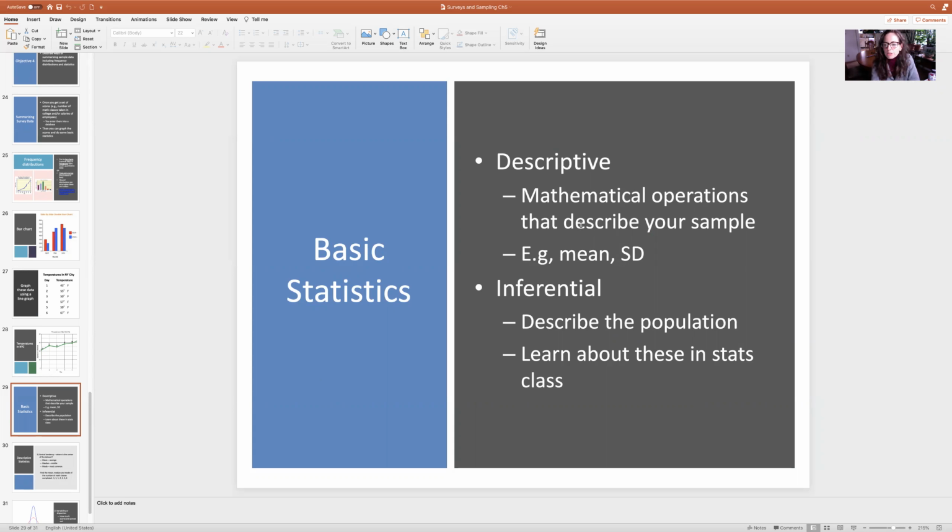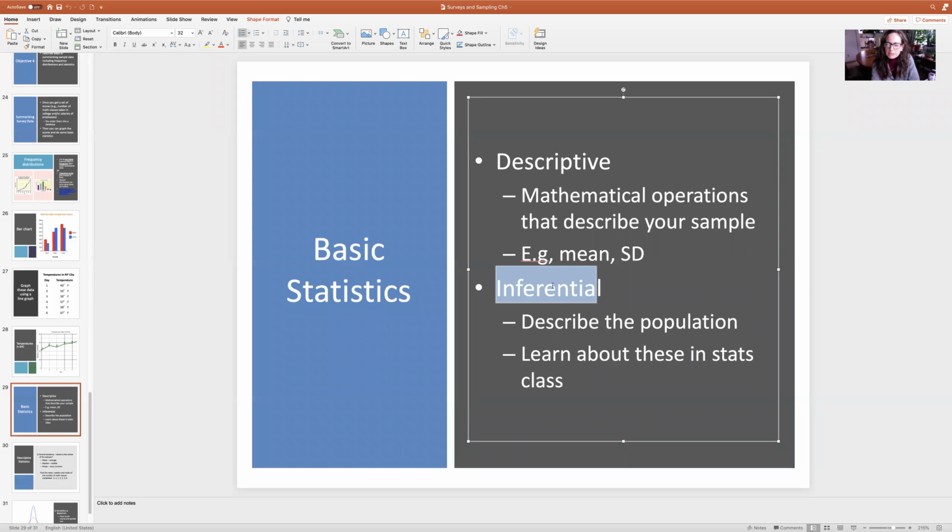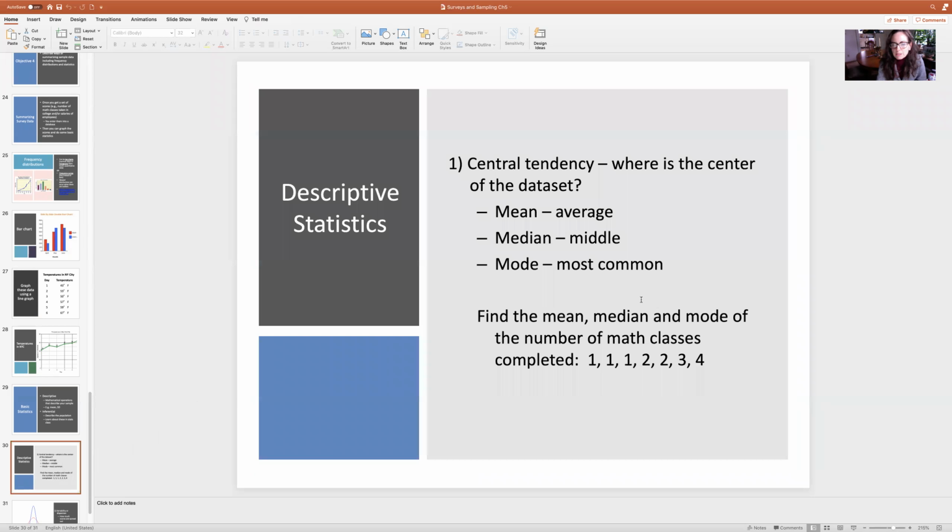Those are all descriptive statistics. They tell you about your sample. Inferential statistics allow you to infer things about the population. So from your sample, you can look at the probability that this would happen in your population. You'll learn about these in stats class, not in here, but we'll look at some basic descriptive statistics.